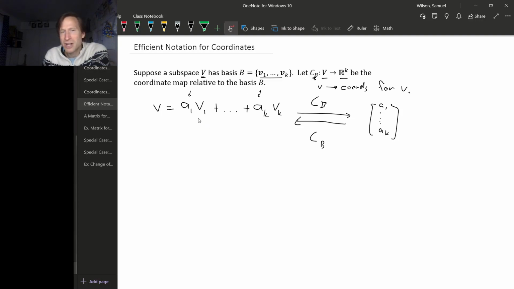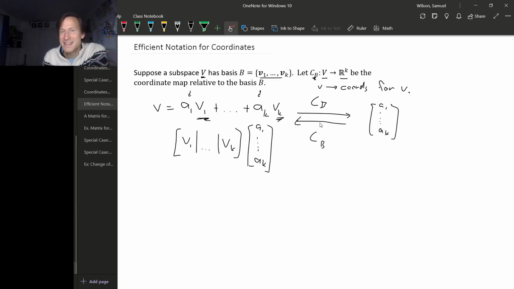Remember, a linear combination of vectors is the same thing as if we had a matrix with the v's as columns and we multiplied it by the vector of a's. So it's the same thing as if we had this matrix whose columns are v1 through vk, and we multiplied it by this vector with the coefficients, right?